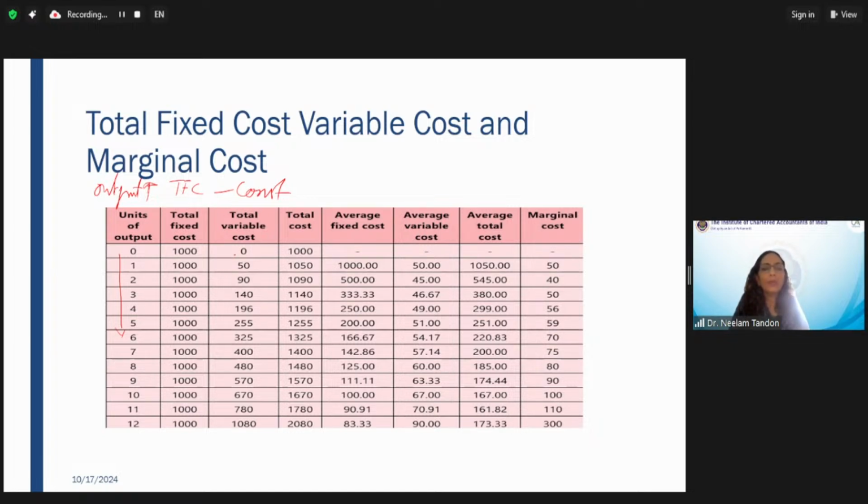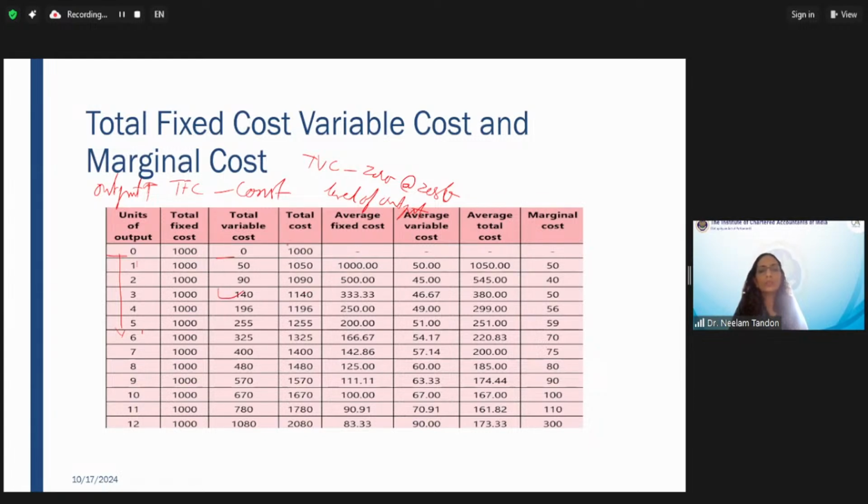What about total variable cost? Total variable cost is 0 at 0 level of output, and as output increases, total variable cost starts increasing. So that's about total variable cost.